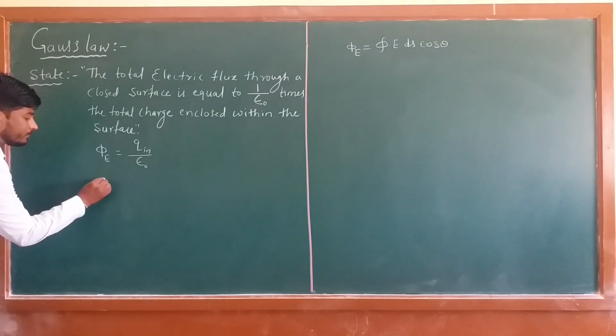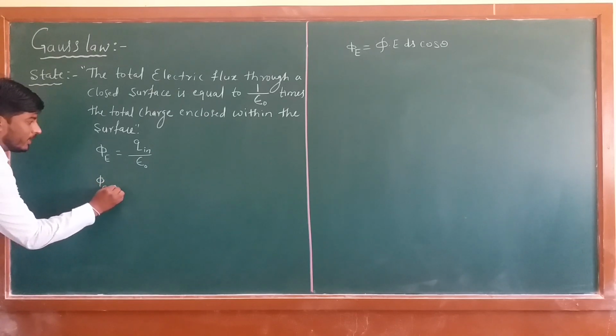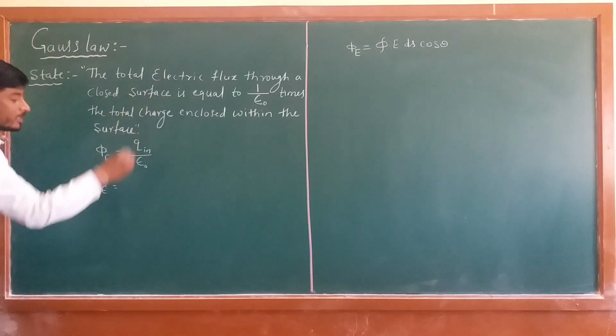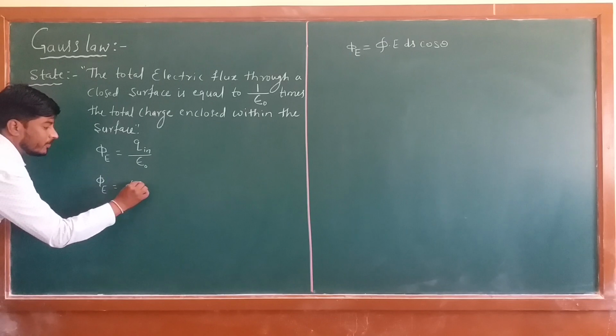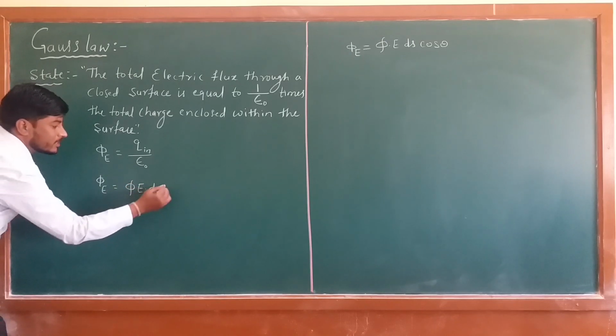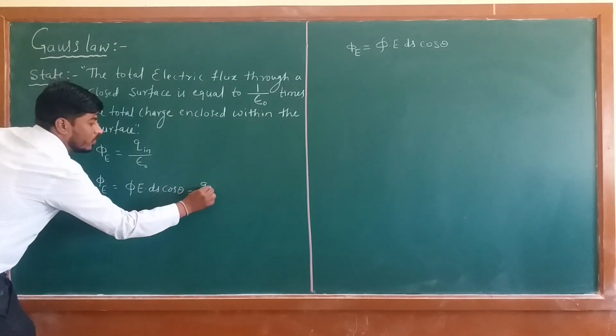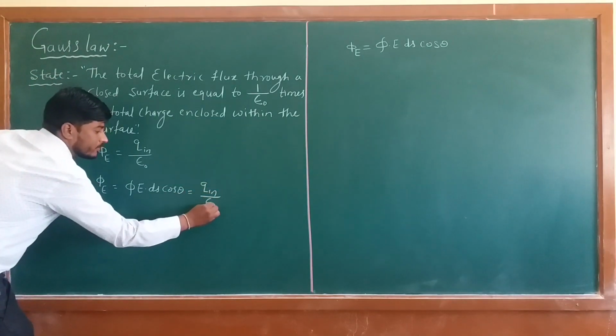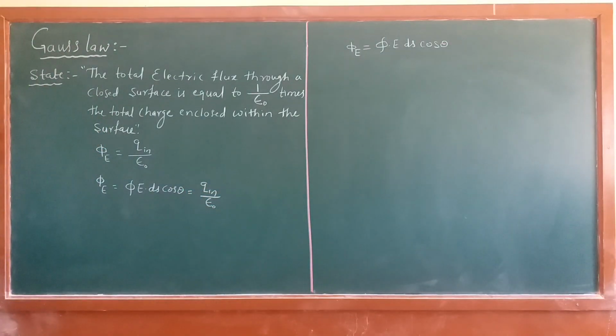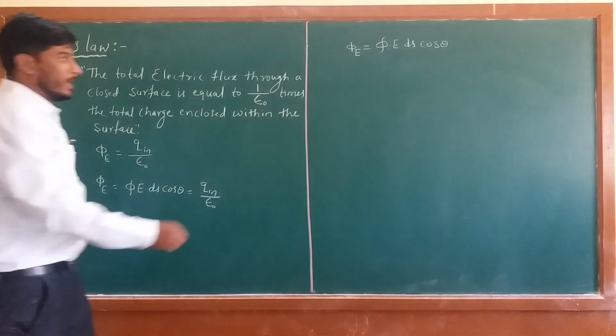Or we can write, phi of E is nothing but the surface integral of E dot ds cos theta, is equal to Q in divided by epsilon naught. Right? So how can we say that the total electric flux through a closed surface is equal to 1 by epsilon naught times the charge?